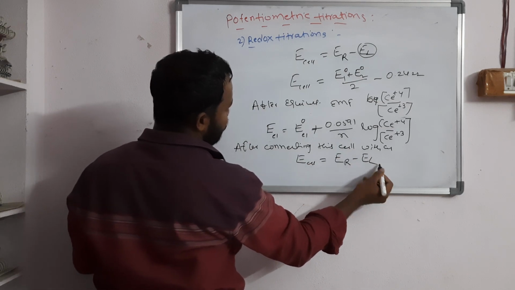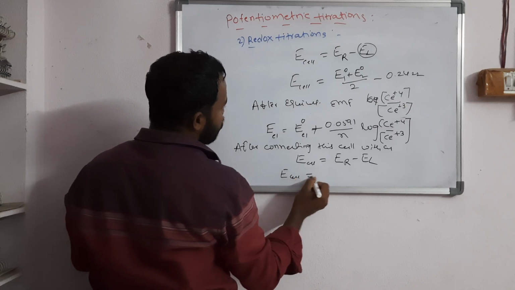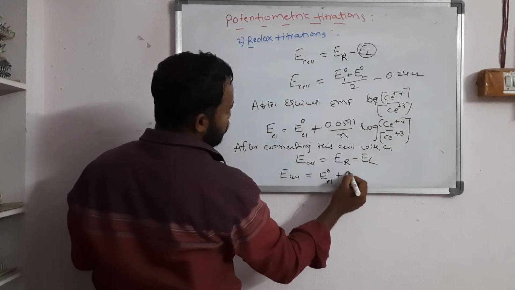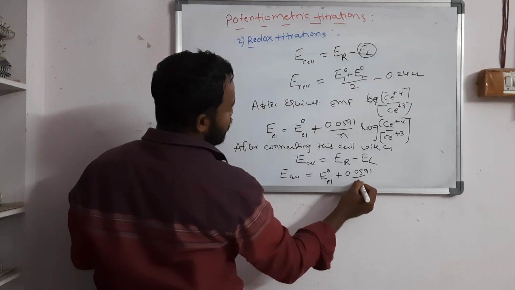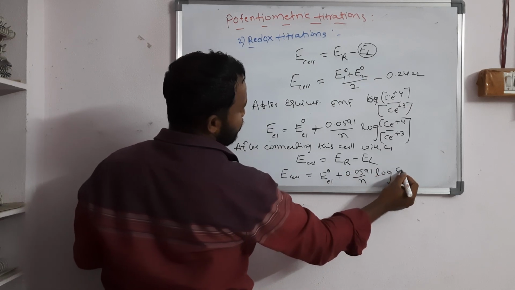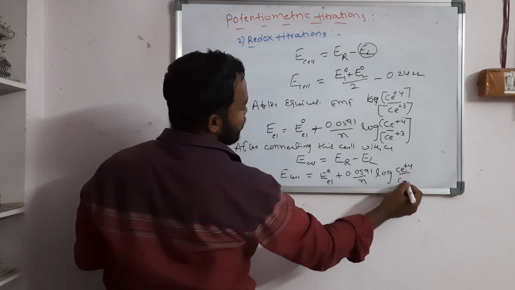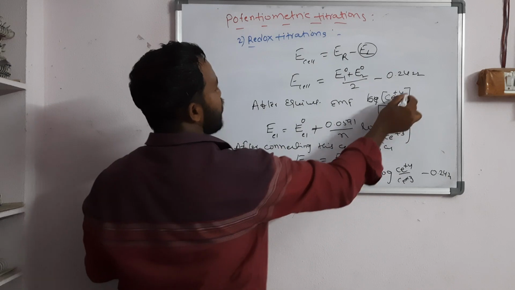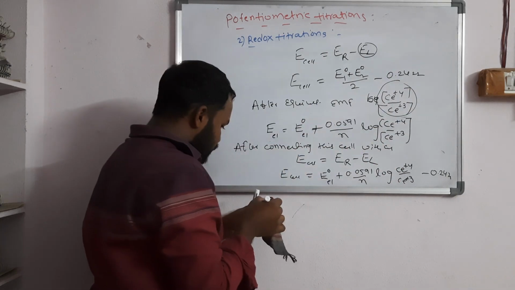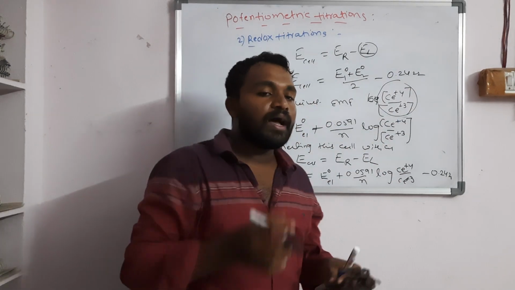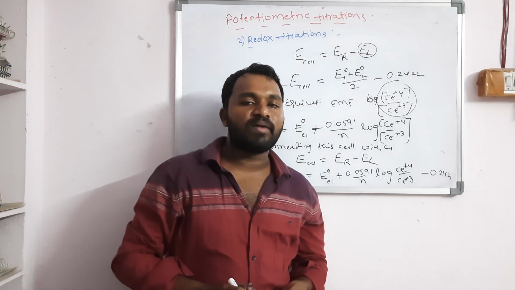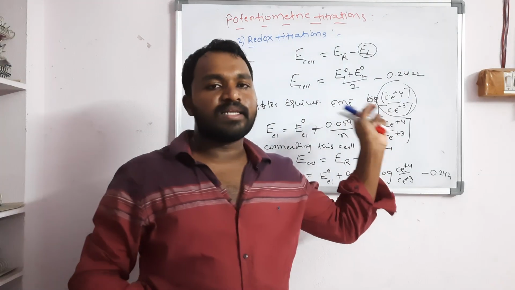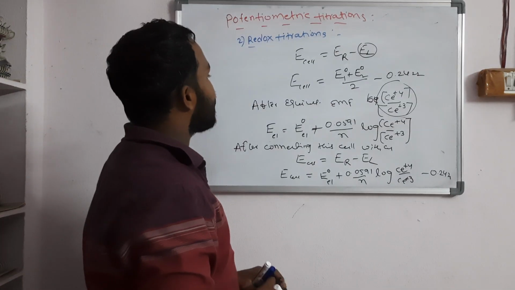The right side value, this complete value, you should write as E0 electrode plus 0.0591 by n log of cerium plus 4 by cerium plus 3, minus Calomel, which is 0.2422. So this question was asked one time in the TS Zenko examination. That means they asked: after the equivalence point, the EMF is controlled by which? The ratio is controlled by cerium plus 4 by cerium plus 3. So this is about the redox titrations.